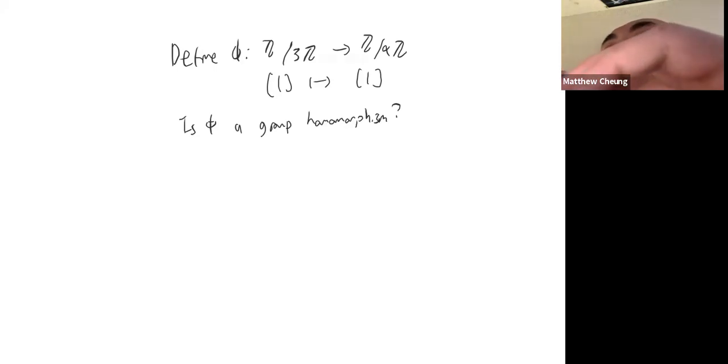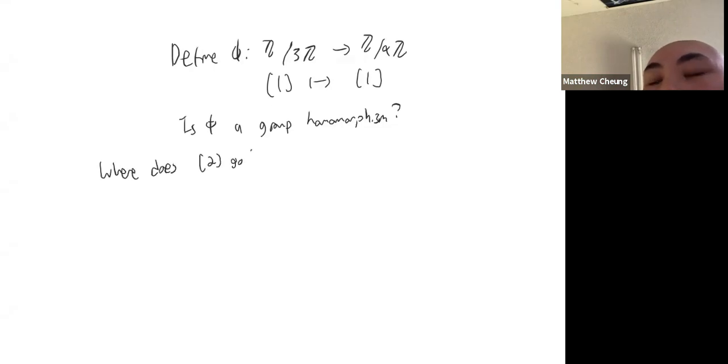Why? Because just from this, ignore the question, where does 2 go? I guess to be precise, let's put a 3 and this is 9. So this means mod 3, this means mod 9.